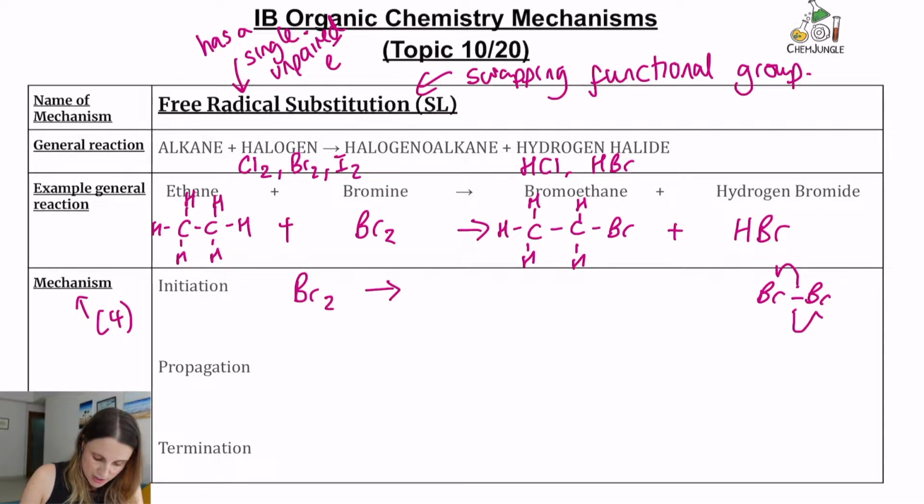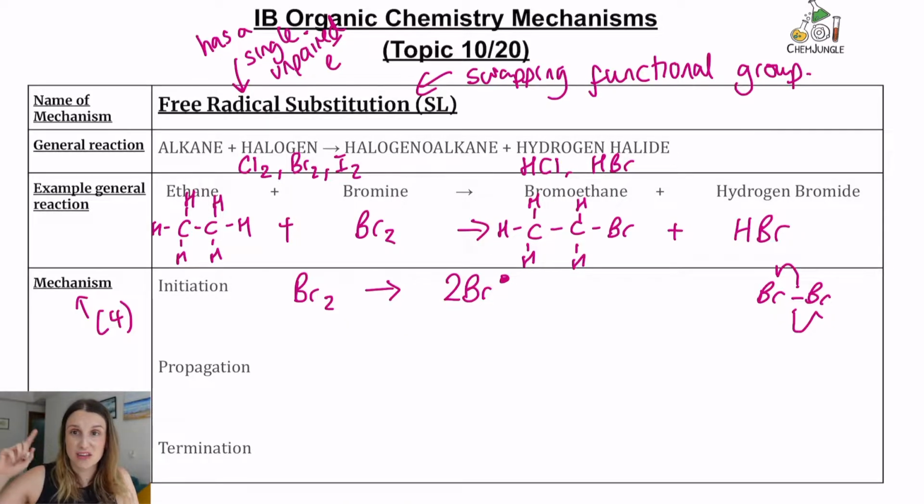And so what we end up with is 2 bromine radicals, and this is the notation for radical, this dot in the right hand corner. I strongly recommend you do what I did and do a circle and color it in, because if you just do a dot with your pen, then the examiner might not see that and you might lose marks even though you knew what you were doing.